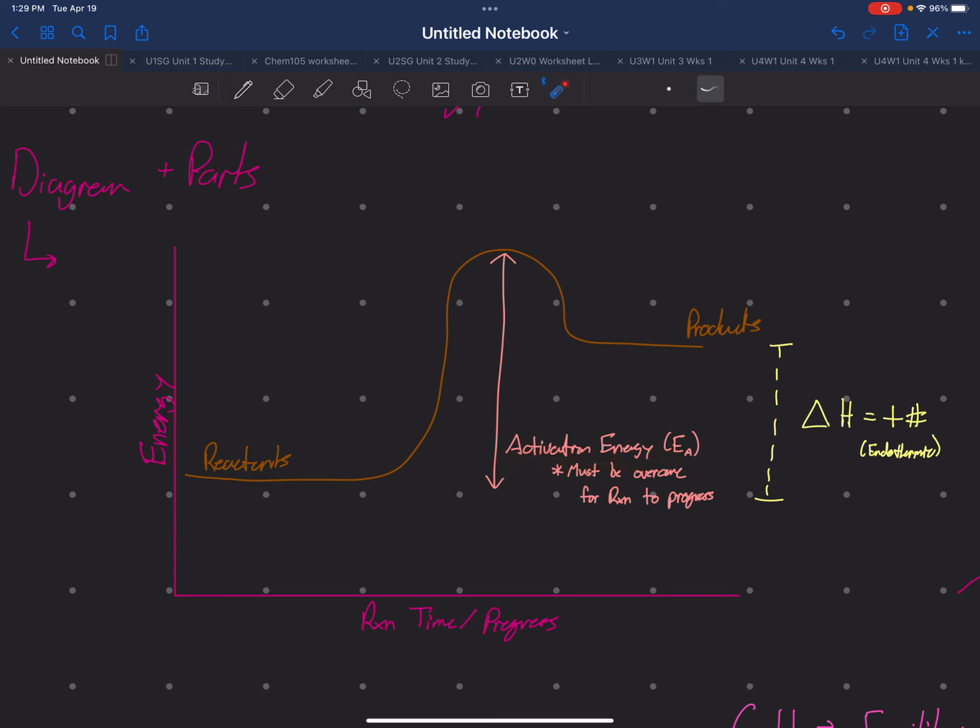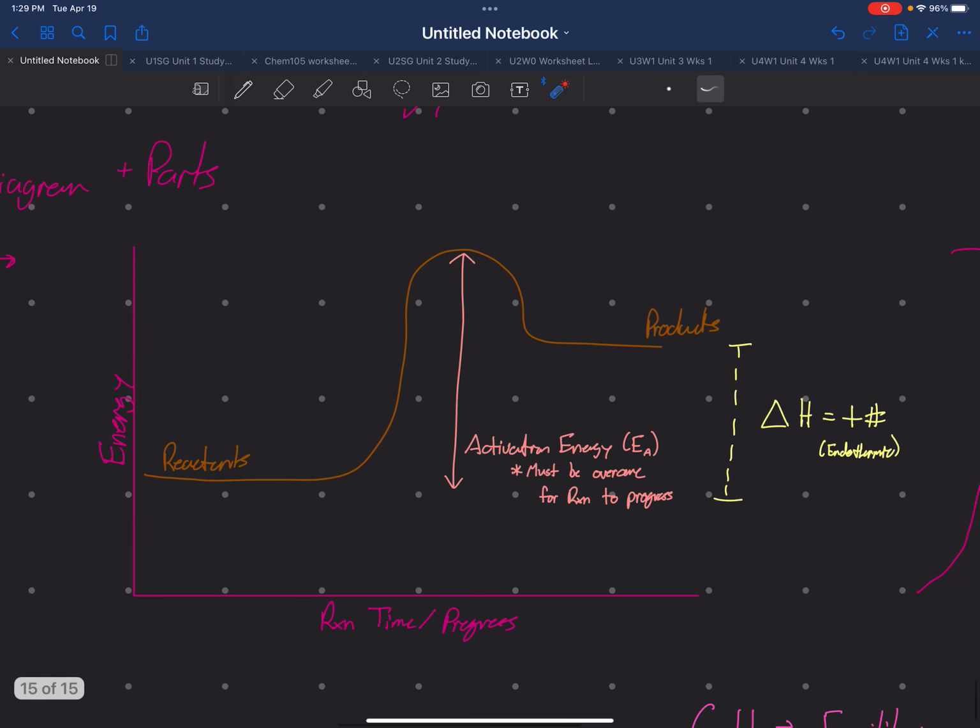Once it gets over this activation energy, practically over this hump, then the reaction can continue to the products. Okay? So activation energy must be overcome for a reaction to progress. So once the reactants overcome this energy hump, then they can become products.